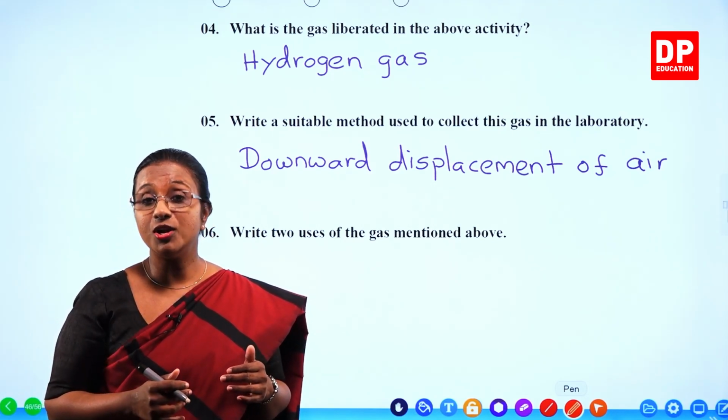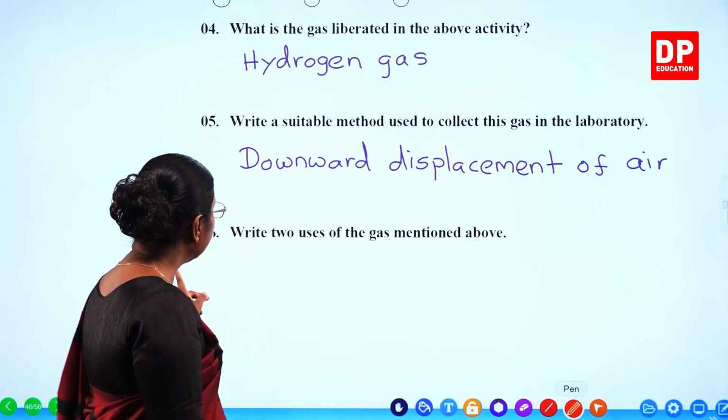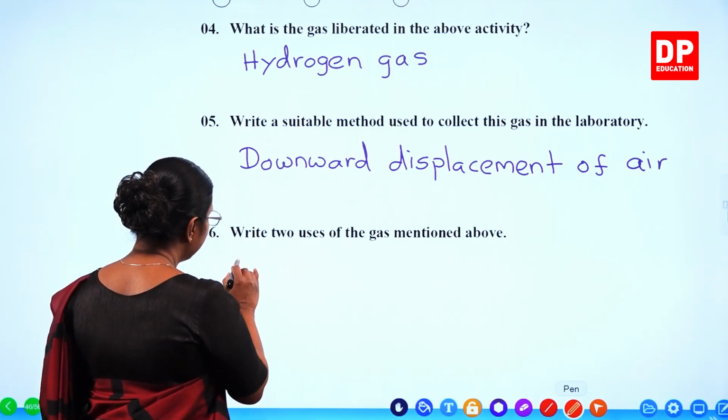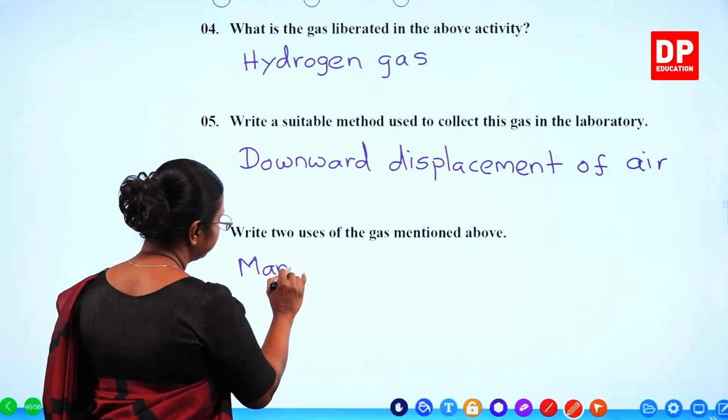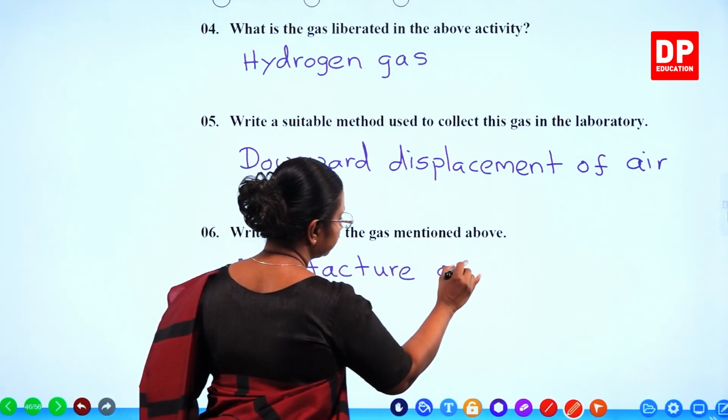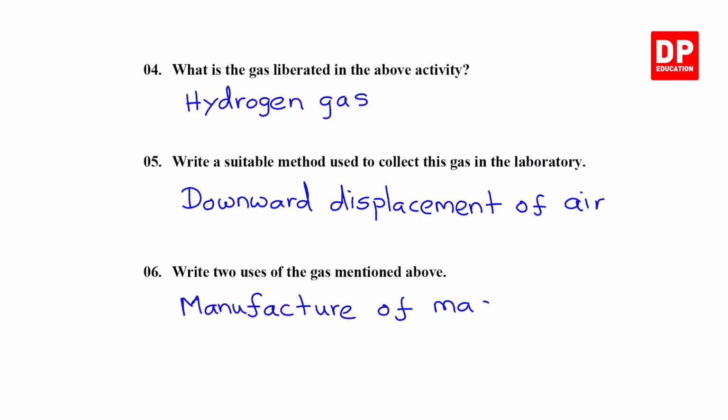That also you all know. So we can write any 2 of those uses here. So I will say manufacture of margarine, and used as rocket fuel.